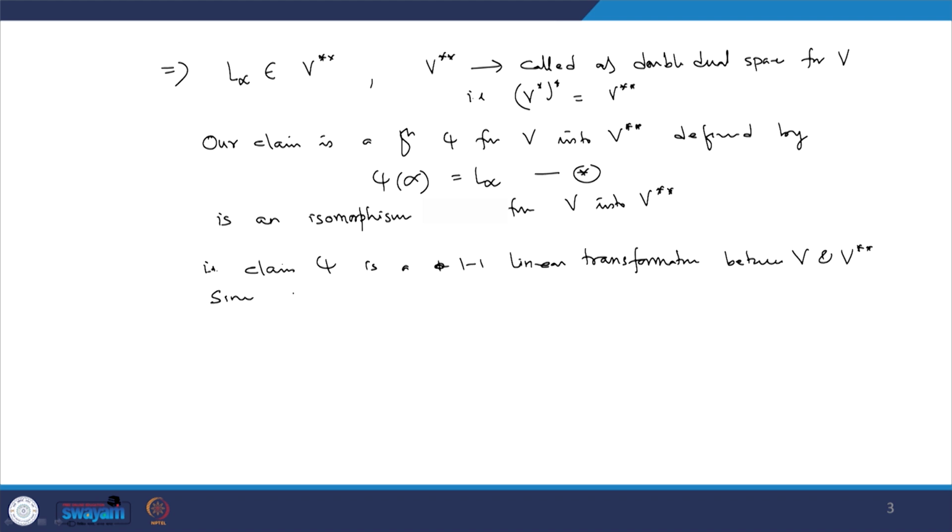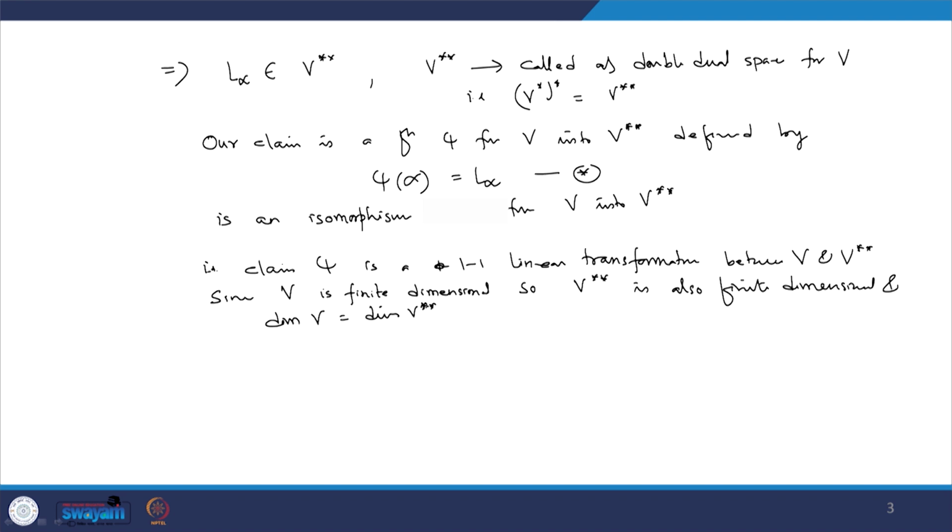Since V is finite dimensional, V star star is also finite dimensional, and the dimension of V equals the dimension of V double star.